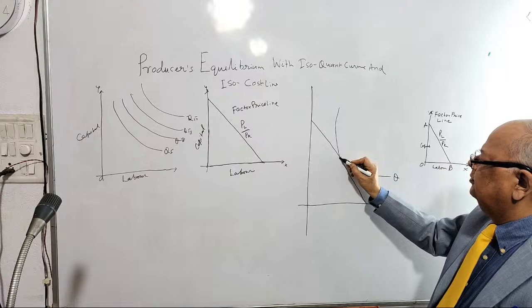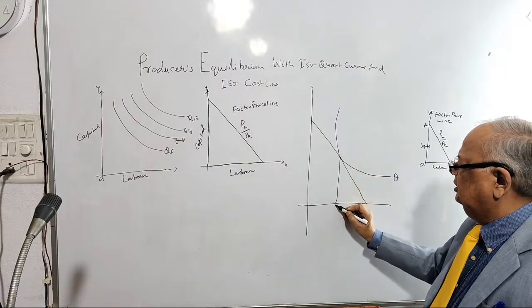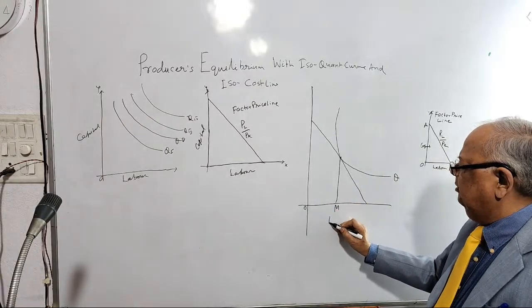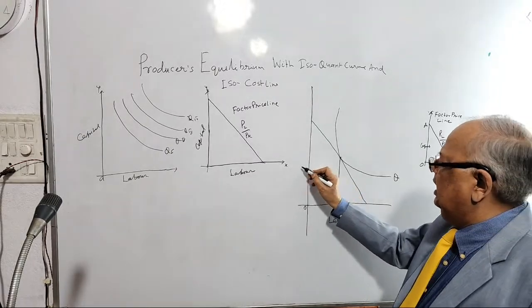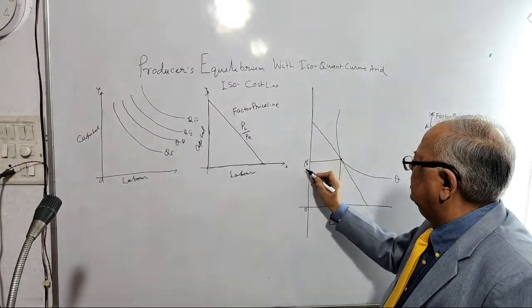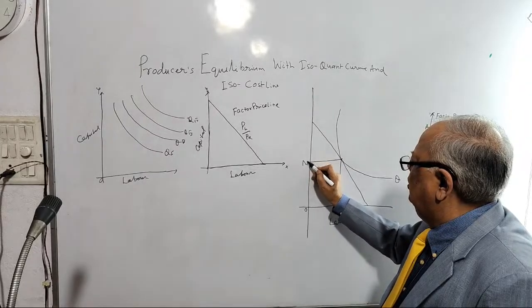This is equilibrium. OM is labor and ON is capital.